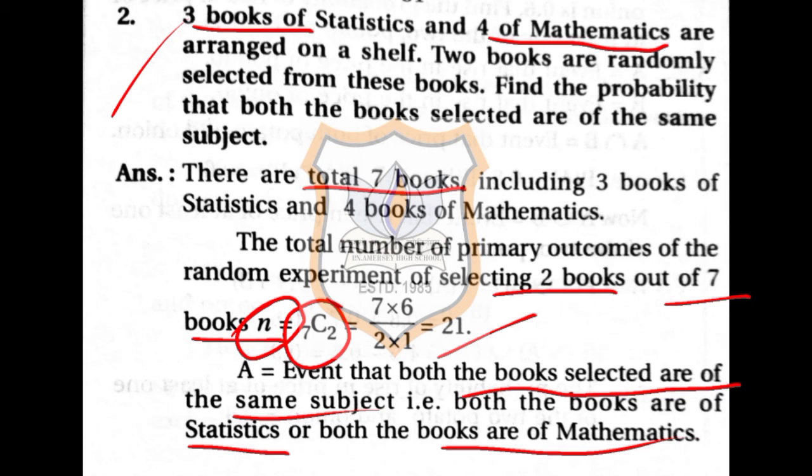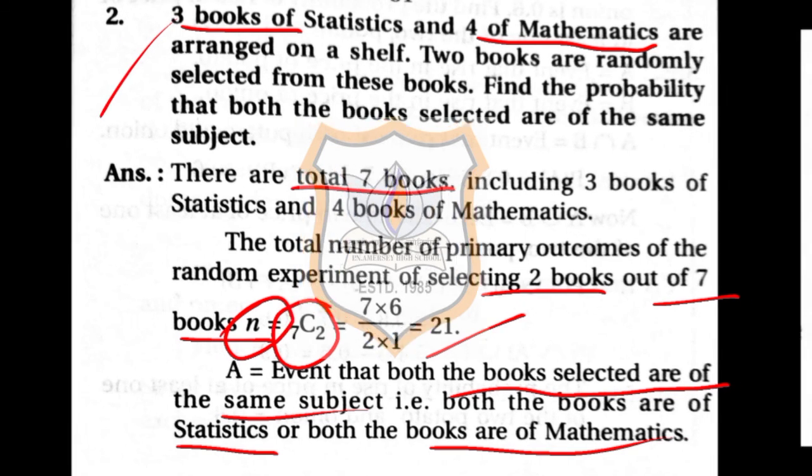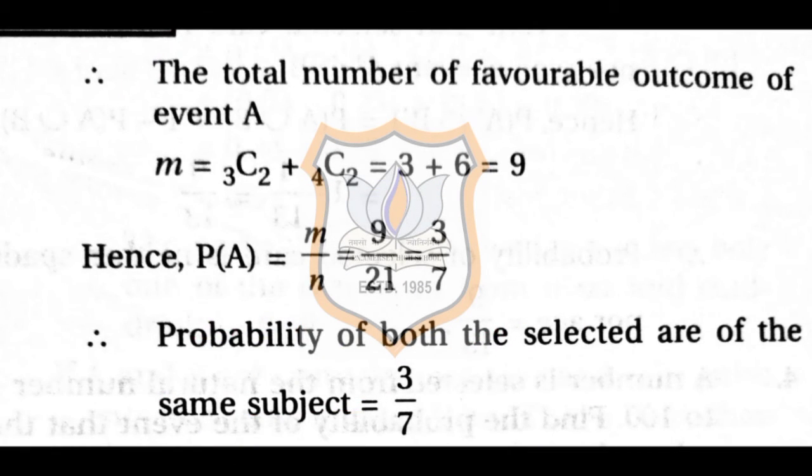So now let us calculate what is M. So what is M? You can select statistics books and maths books, and from them 2 books when you are selecting. This can be done in 3C2 plus 4C2 ways. Now 3C2 is 3, 4C2 is 6. So 3 plus 6, sorry, it is 9.